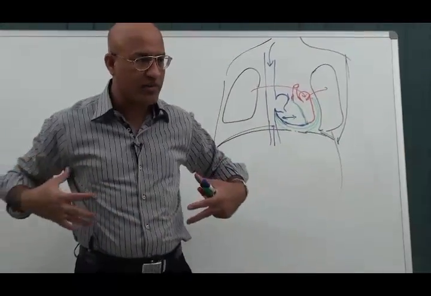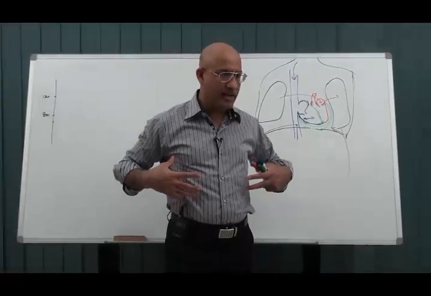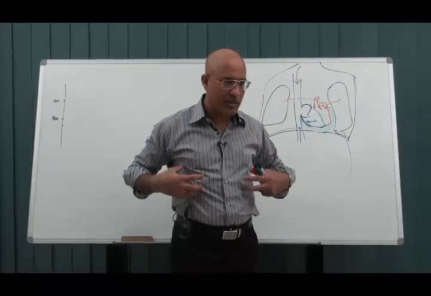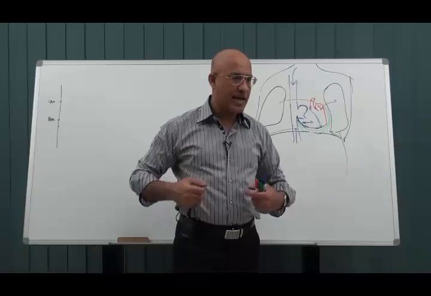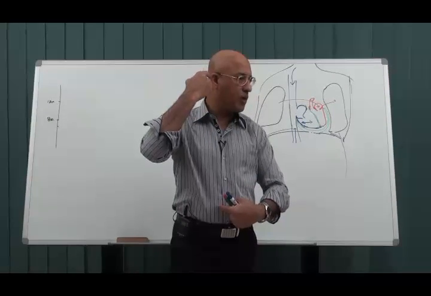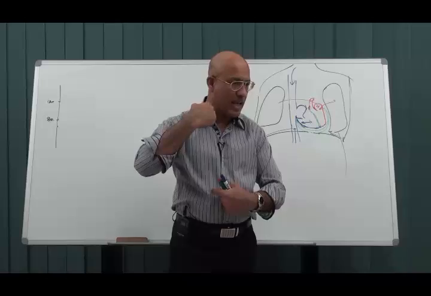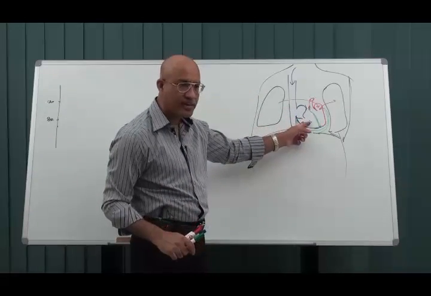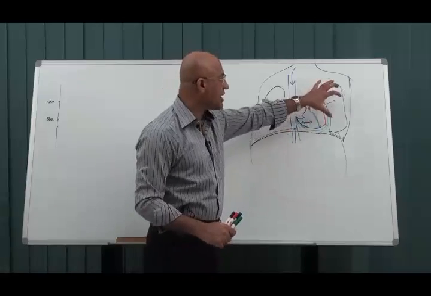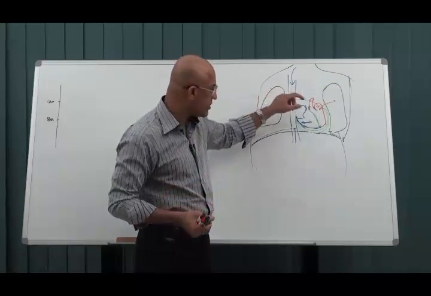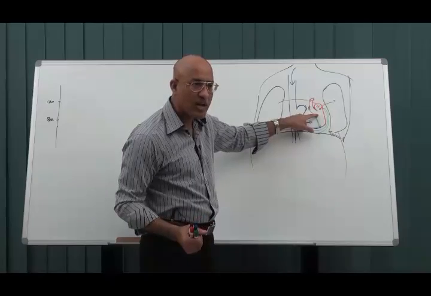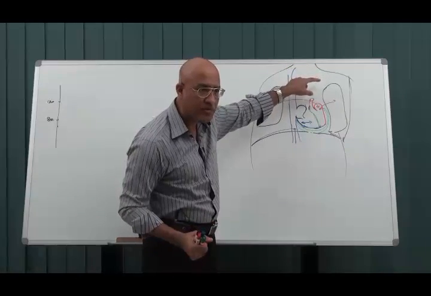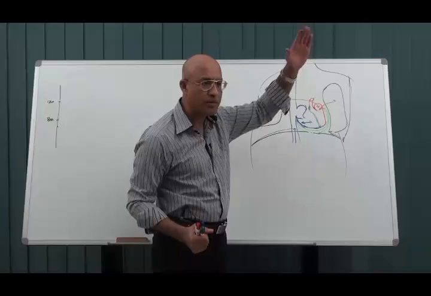During expiration, chest cavity is becoming smaller, intrathoracic pressure is less negative, right? What will happen? The caval blood will be pulled less efficiently, so venous return to the right side is less during expiration, and because lungs are being squeezed during expiration, venous return to the left side is more, and cardiac output during expiration becomes more, and systolic blood pressure goes up.